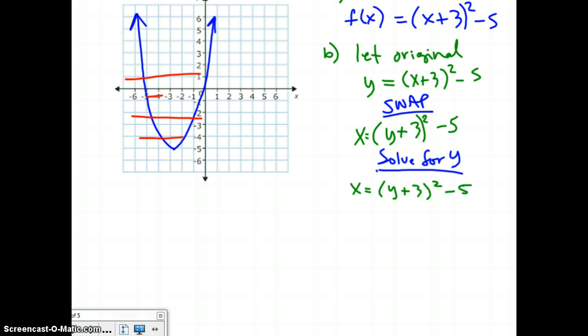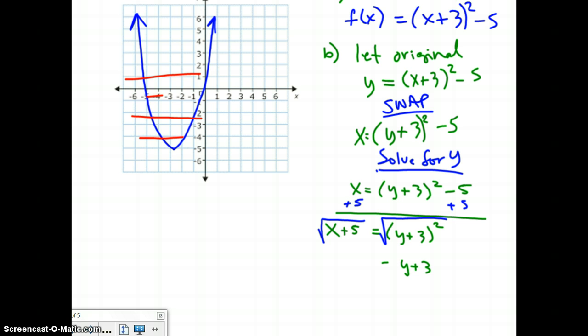So let's add 5 to both sides. And you get y plus 3 squared equals x plus 5. Then I'm going to take the square root of both sides, and you get y plus 3 equals the square root of x plus 5.